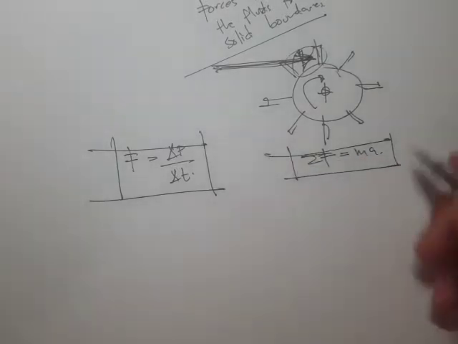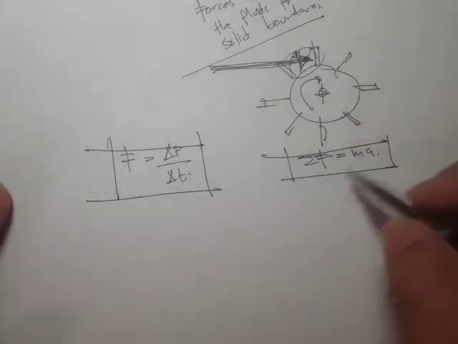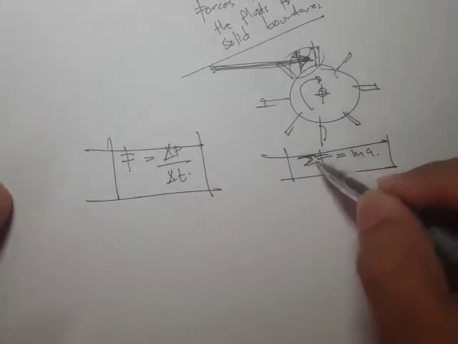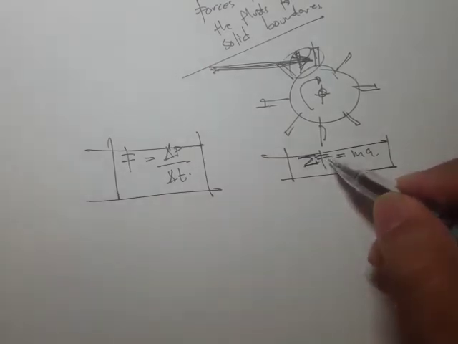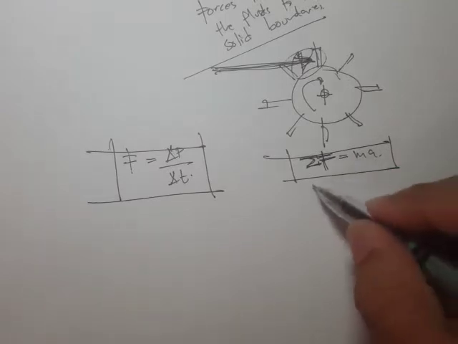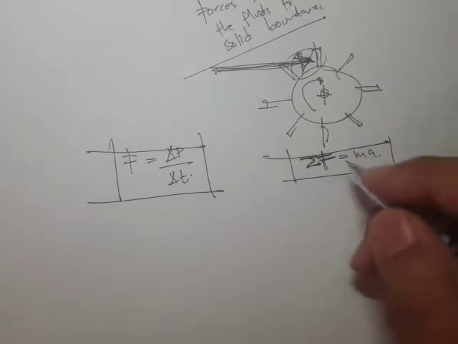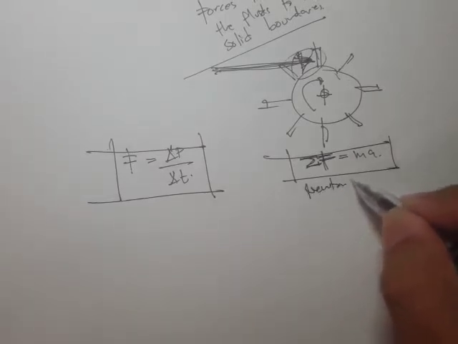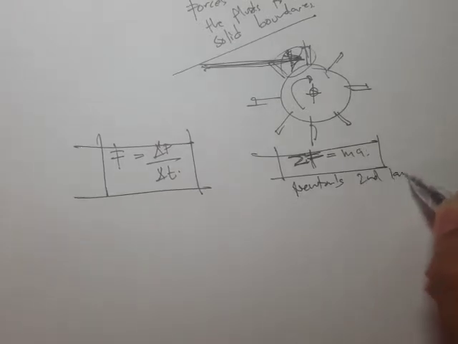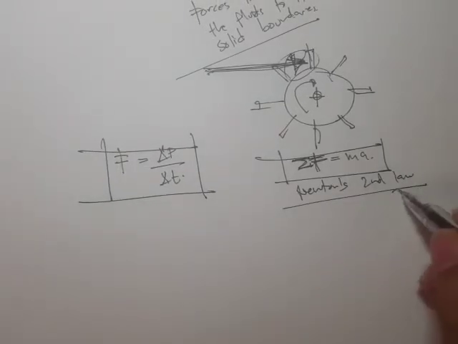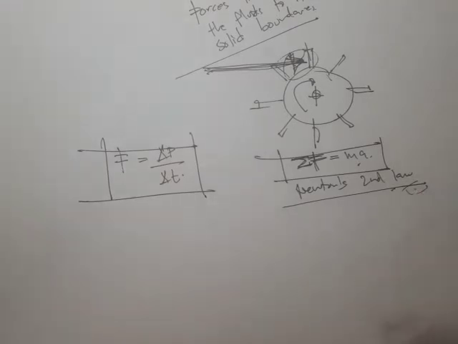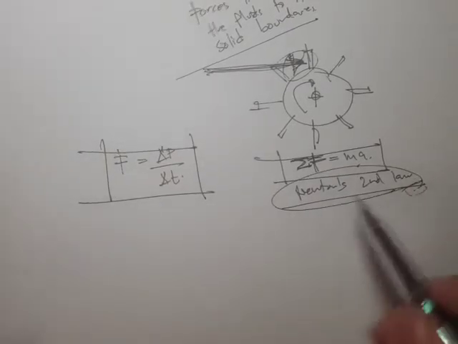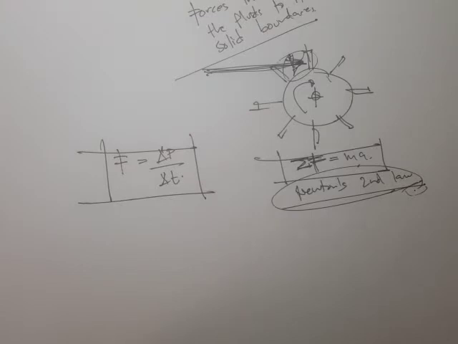Okay, so take note that this is just my opinion, and I've done research on this, and this is the Newton's second law, right? And it's not originally expressed in terms of these mathematical expressions, but rather it just says that the unbalanced forces produce accelerations.